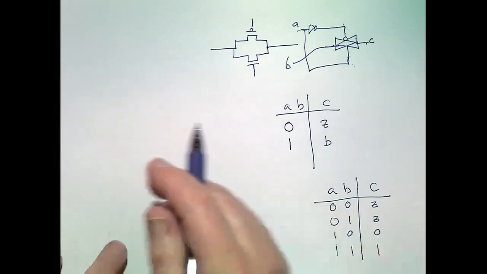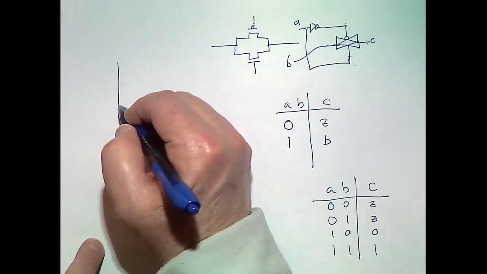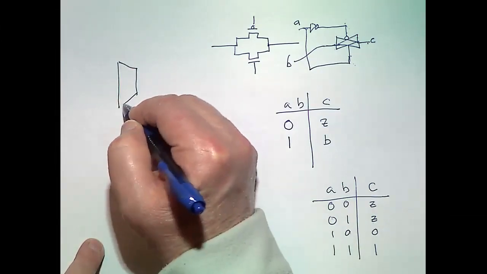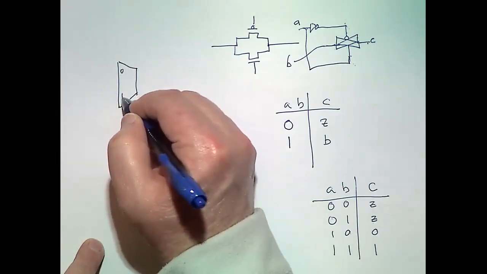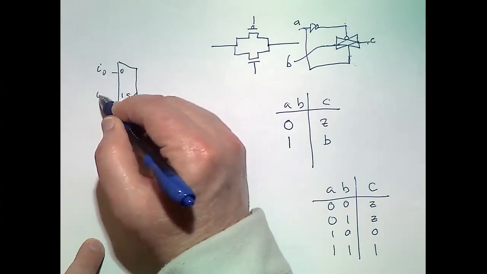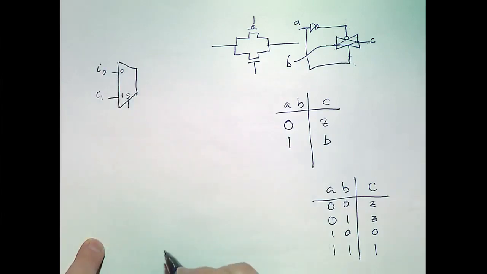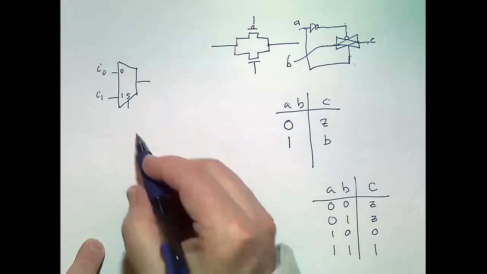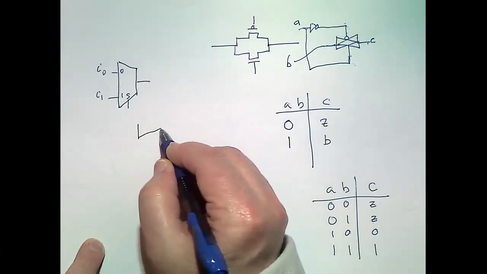Okay, and then when we did a multiplexer, we had a selector here, and we had input 0 here, and input 1 here.